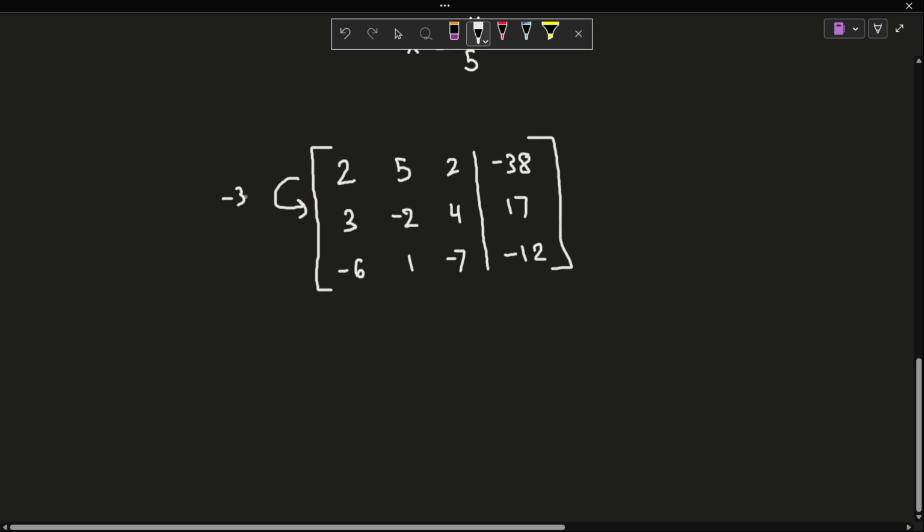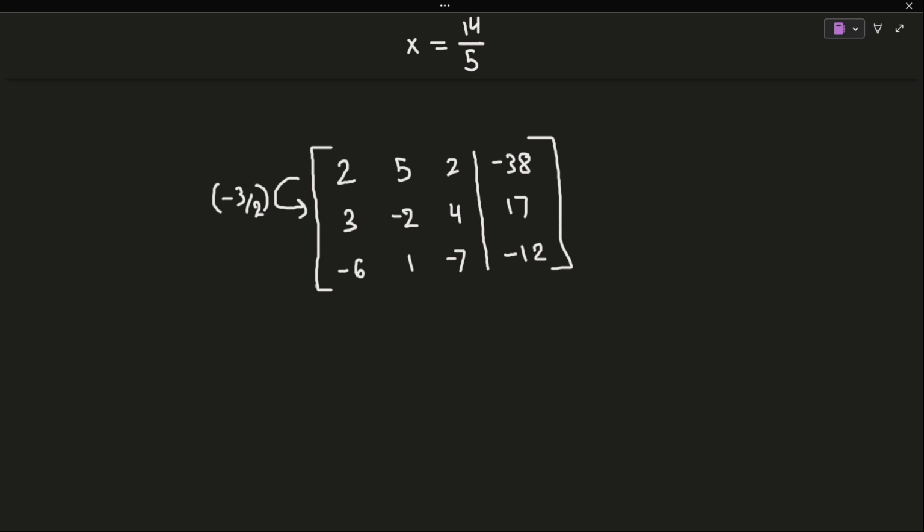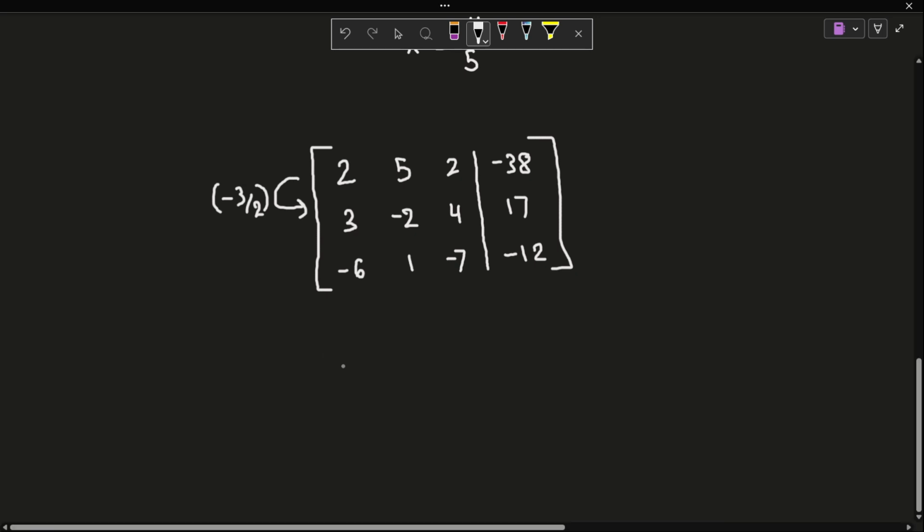So -3/2, right? And hopefully that notation makes sense. And what we're going to do then is just actually do this real quick. So that'll give us, keep the first row the same, 2, 5, 2, minus 38.